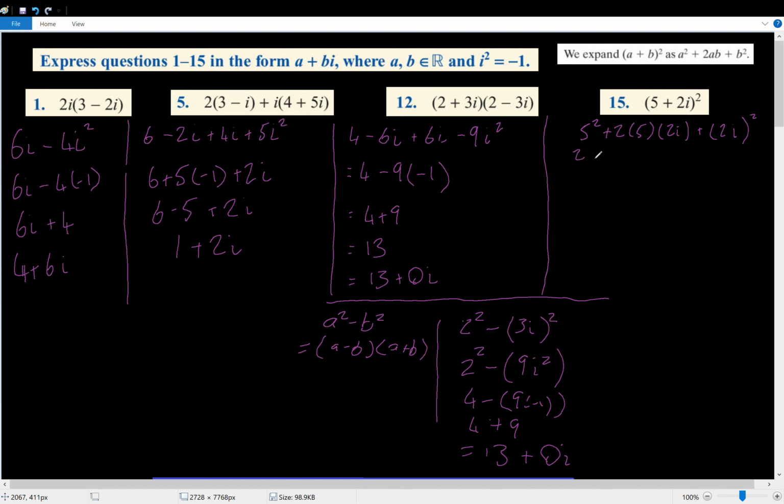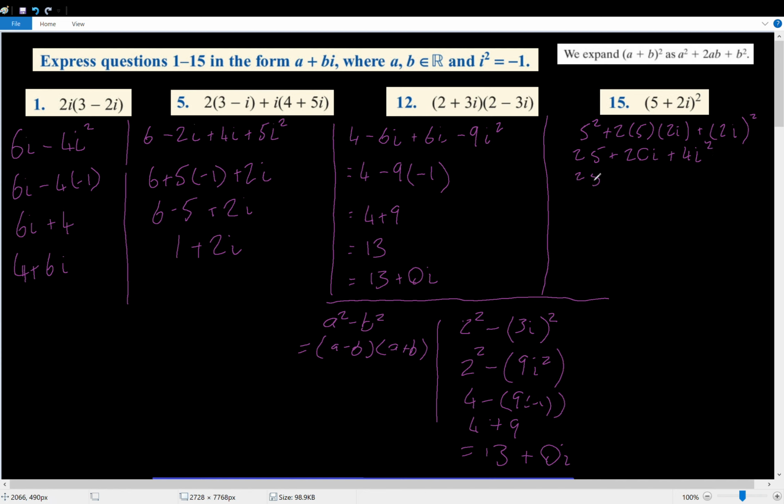So we're going to get 25 plus, and then 2 by 5 is 10, 10 by 2 is 20, so 25 plus 20i plus 4i squared, but don't forget i squared is equal to minus 1.